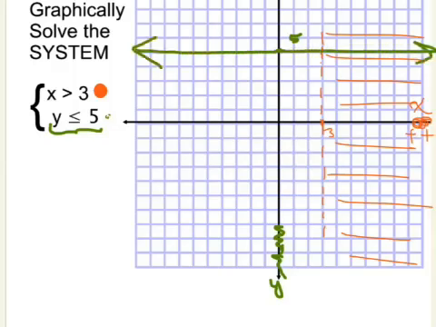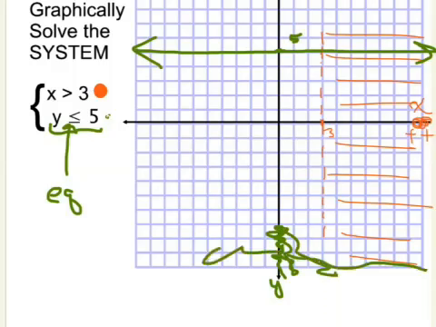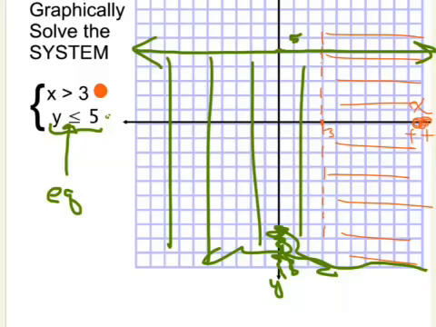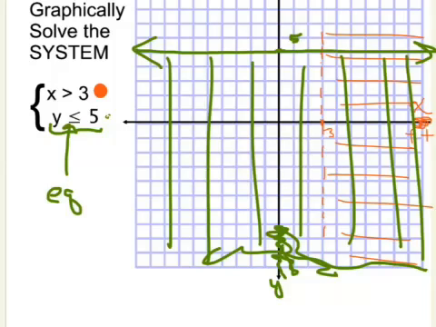The reason we're drawing a solid line is because it does have the equal sign there. And remember down here, y has to be smaller than 5. So that's under the horizontal line. We have to finish up the problem by grabbing our highlighter and highlighting where things overlap. It is this rectangular corner over here. This is the answer region on this special system.